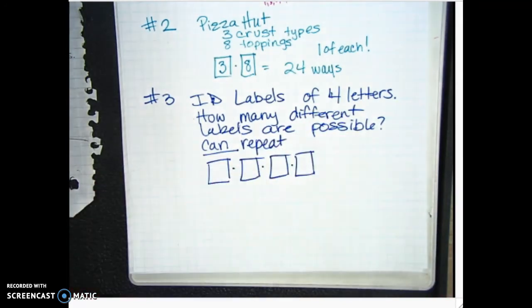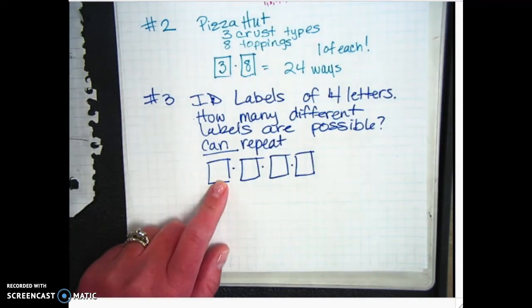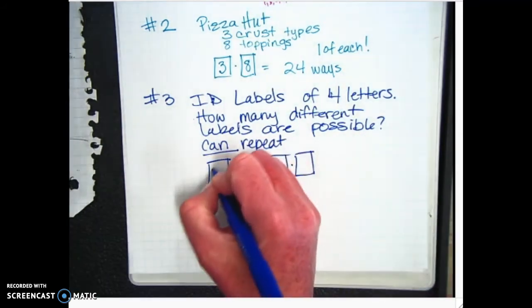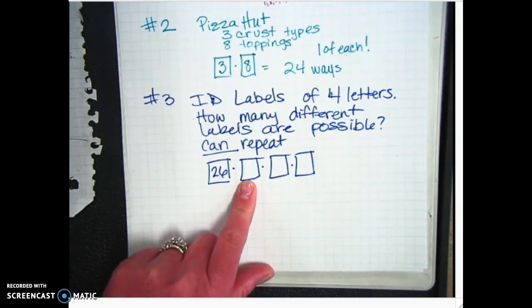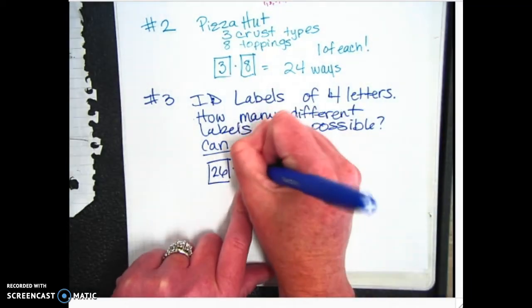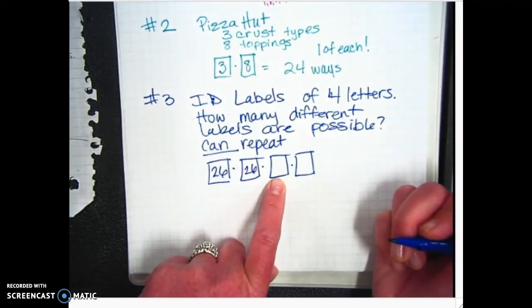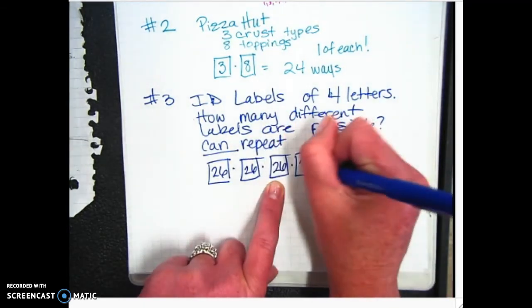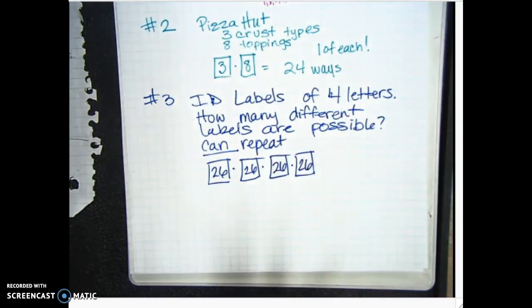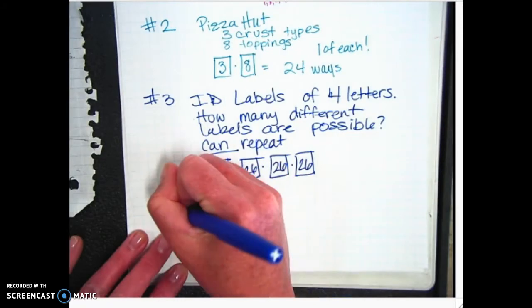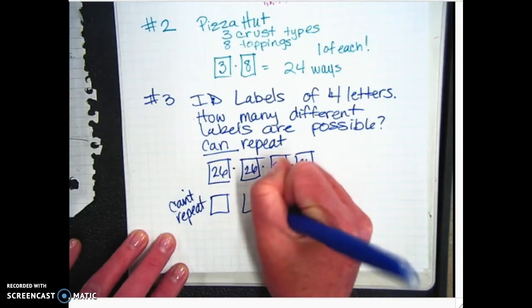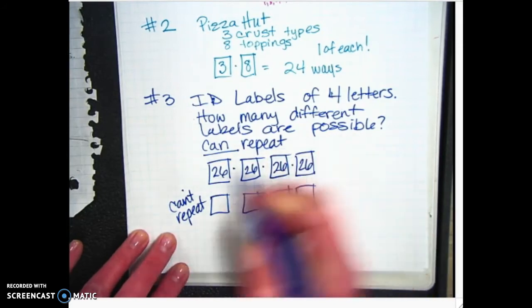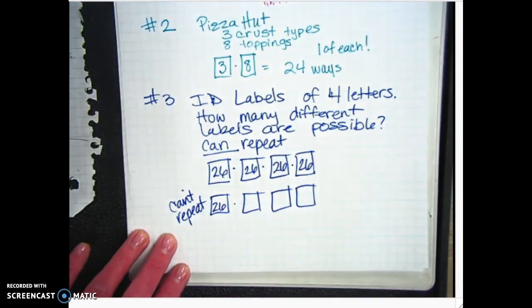If you are using alphabet letters, how many choices do you have for the first one? 26. For the second box, 26. Third letter choice, 26. All of them are 26. If it says you can't repeat, watch what happens. The first choice is 26. What's the second choice? 25.